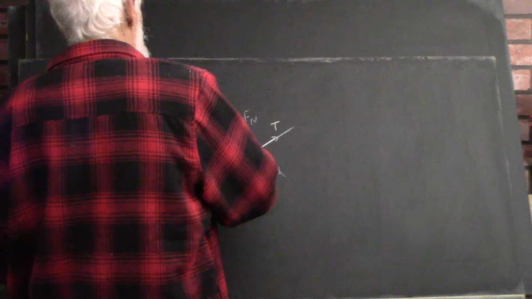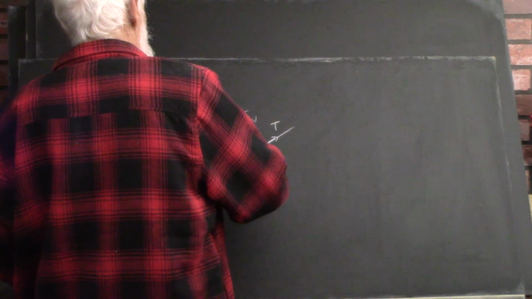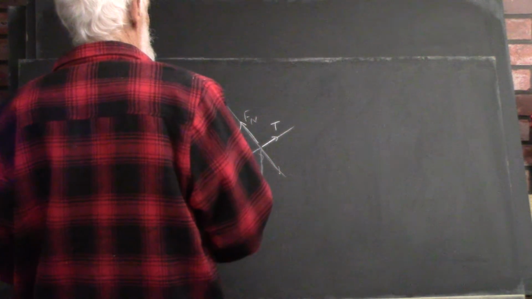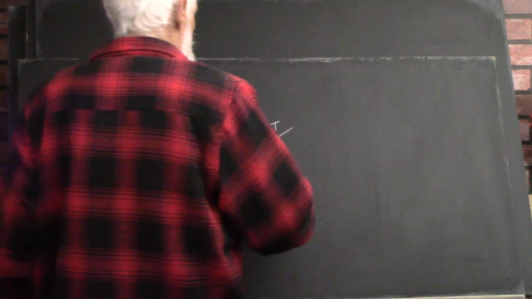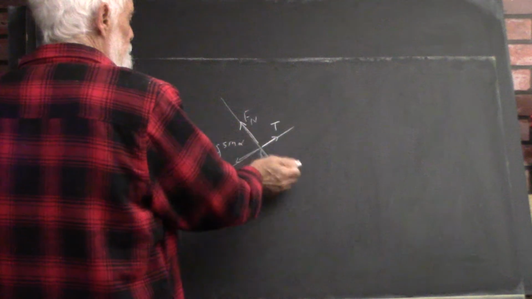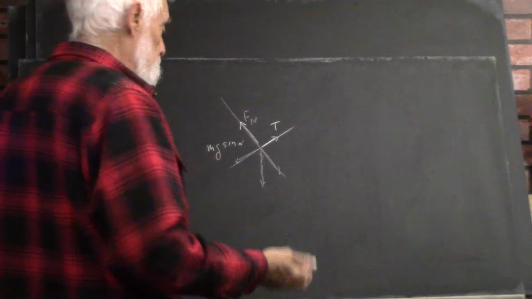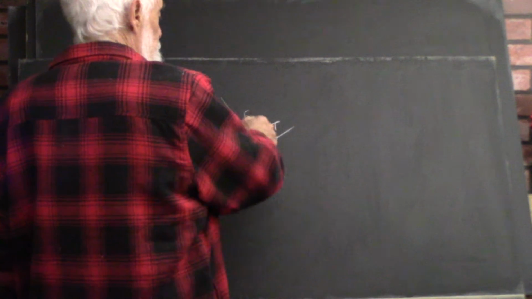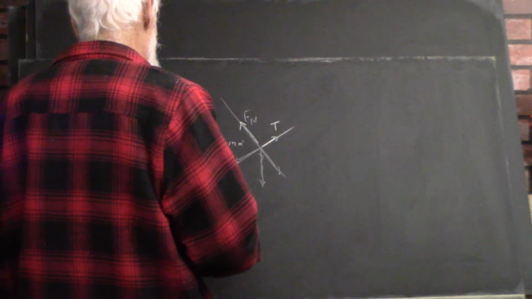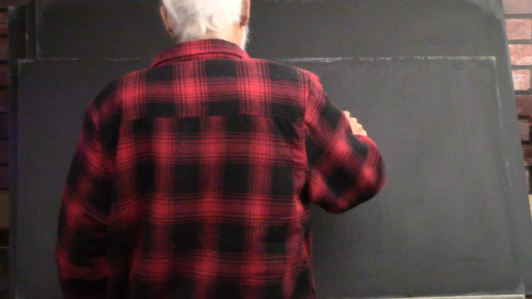And this is mg sine alpha. So we know that the forces in the direction perpendicular to the incline add up to 0. So we could calculate the net force, for example, if we needed to.